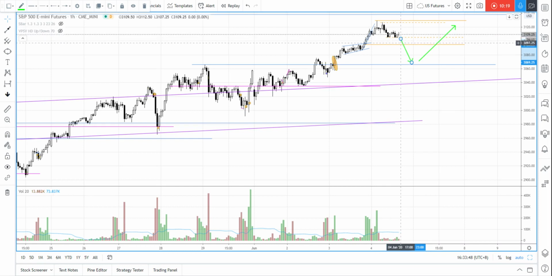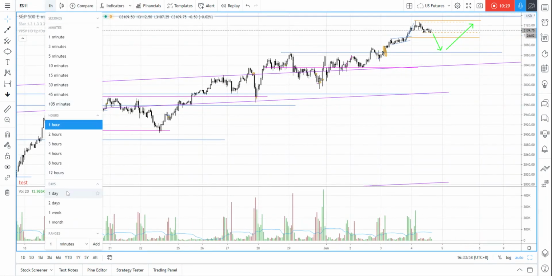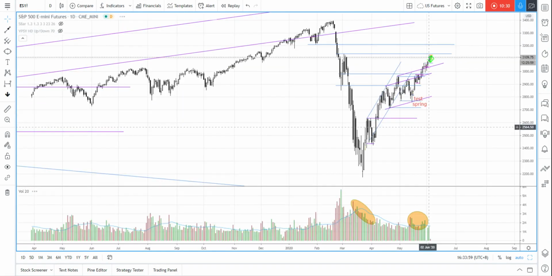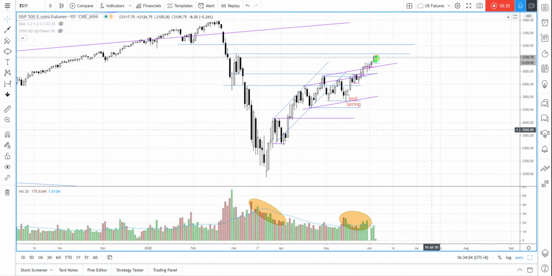But anyway, I'm quite neutral for day trading. Either a short or long entry can be initiated. For swing trading, I think no doubt it is definitely bullish. I think we should just keep moving up until the emergence of the supply.